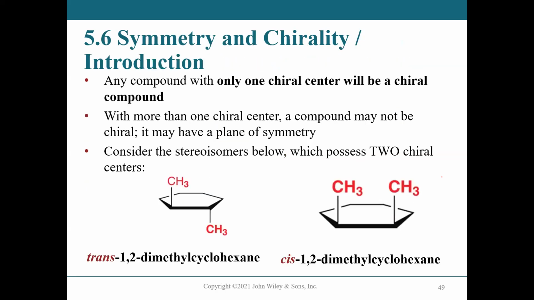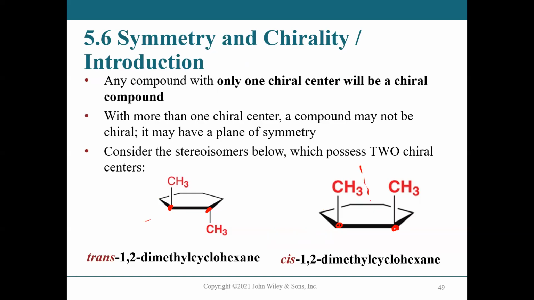So any compound with only one chiral center will be a chiral compound. With more than one chiral center, a compound may not be chiral. It may have a plane of symmetry. It says consider the two isomers below which possess two chiral centers. The two chiral centers are here and here and here and here.